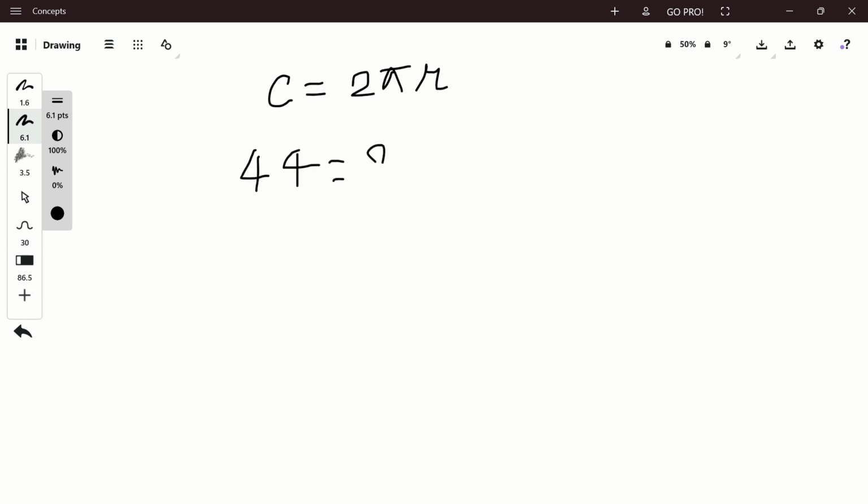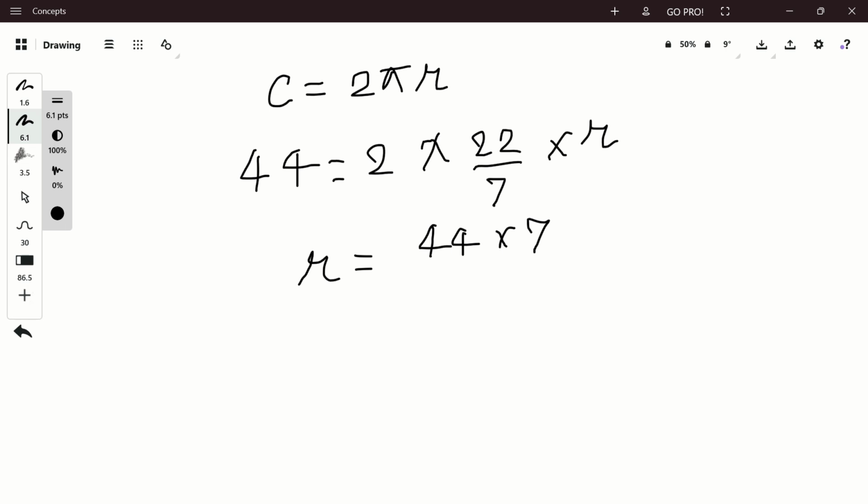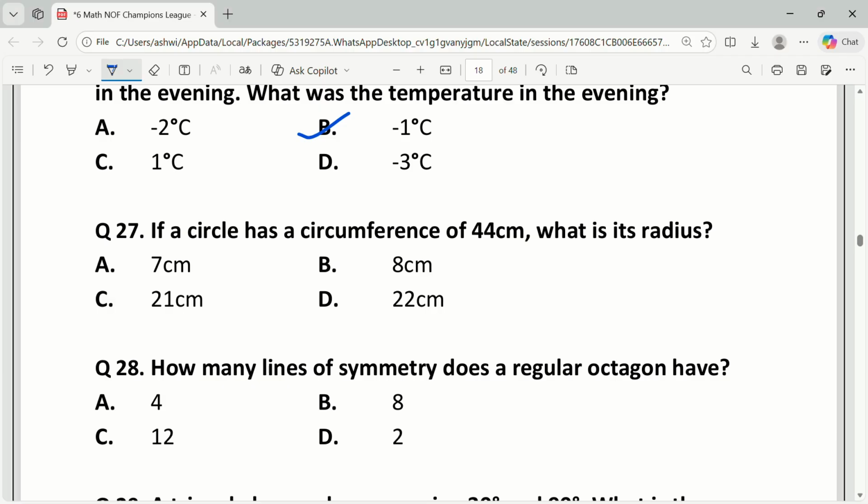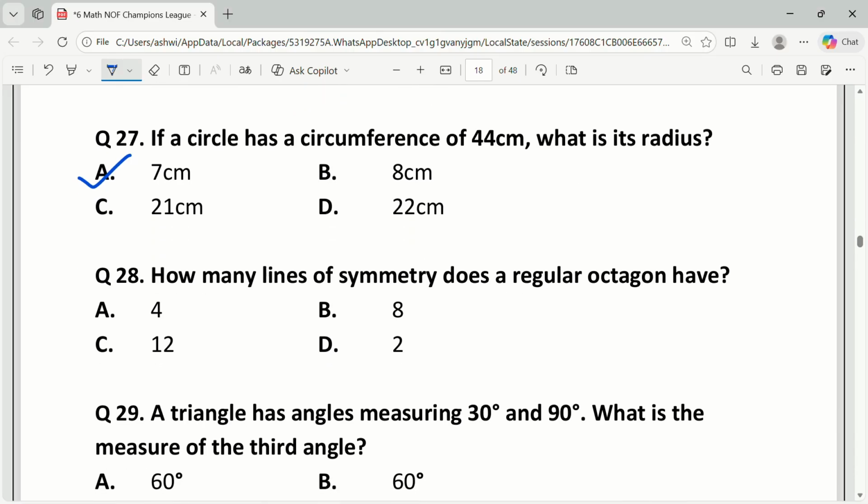Substituting the value, we have 44 is equal to 2 into 22 by 7 into R. Solving for R, we have R is equal to 44 into 7 upon 44, which is equal to 7 centimeters. Comparing with the options, the answer is A, 7 centimeters.